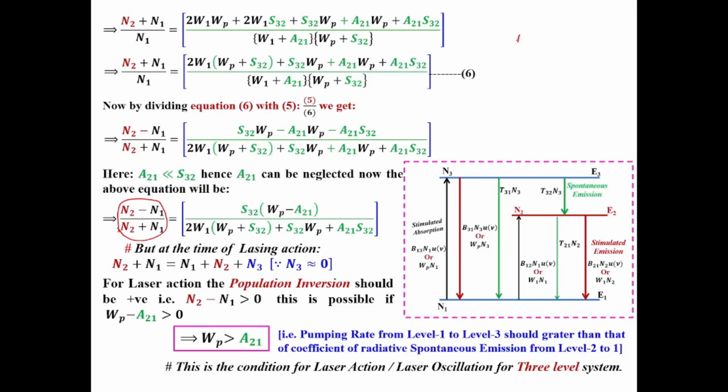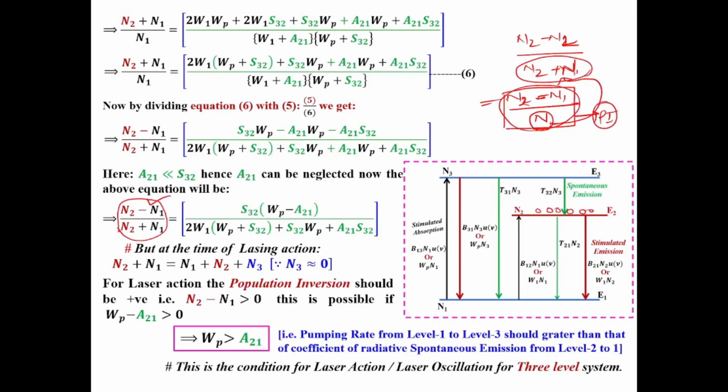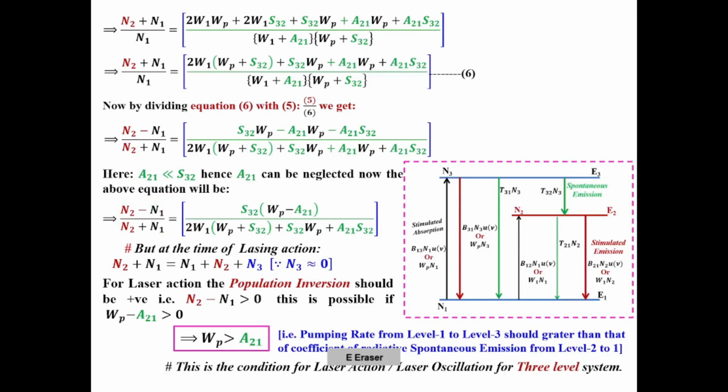So N2 minus N1 by N2 plus N1 is nothing but N2 minus N1 by the total number of atoms, because the total number of atoms is equal to N2 plus N1 at the lasing action. That means it is the ratio between the difference of atoms or molecules between these two energy levels with respect to the total number of atoms or molecules in a three level laser system. So this represents the population inversion at the time of lasing action.